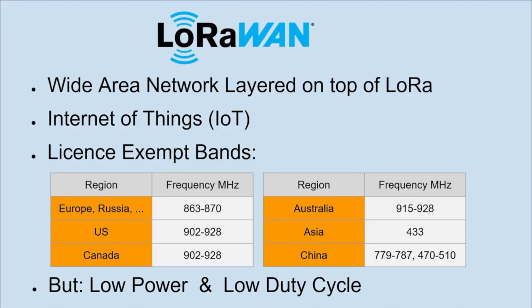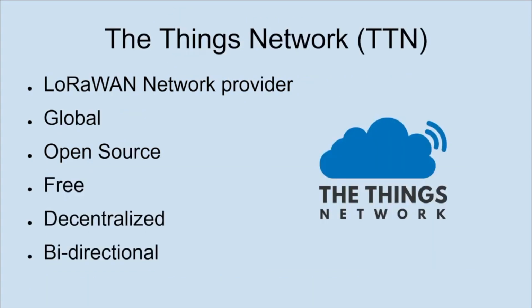It is bidirectional, so you can send data to your device as well as receive data from it. So the Things Network is a network provider that uses the LoRaWAN devices to provide a global network. The software on it is open source and the service is free.